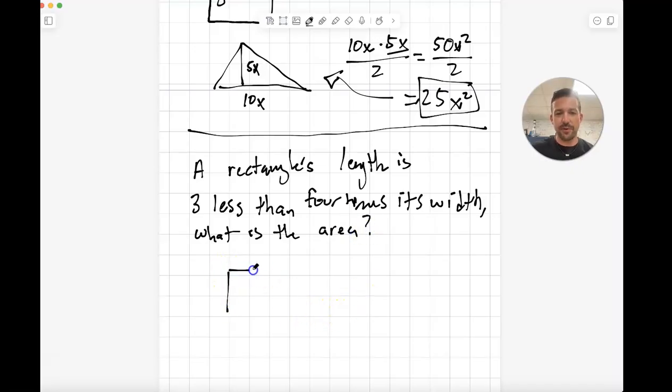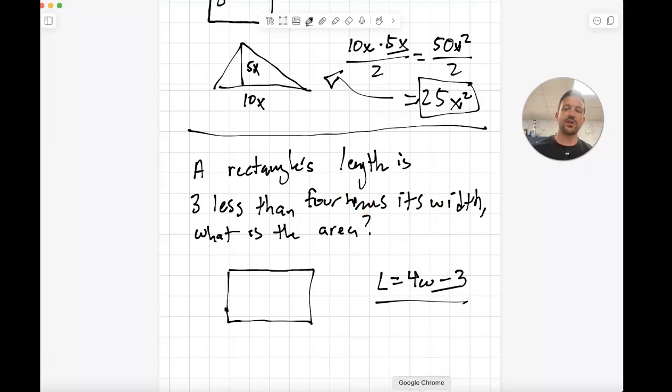Okay, so remember, you have to be able to figure out what the length is in order to do these, right? So you'd say the length is going to be 3 less than 4 times the width. So we're going to do 4 times the width minus 3. That's how you would get that. And that would tell you this side is 4w minus 3. That one's also 4w minus 3. And these are w, right?